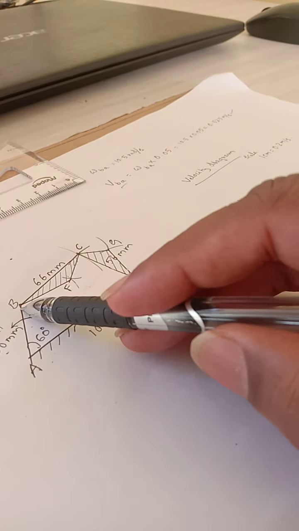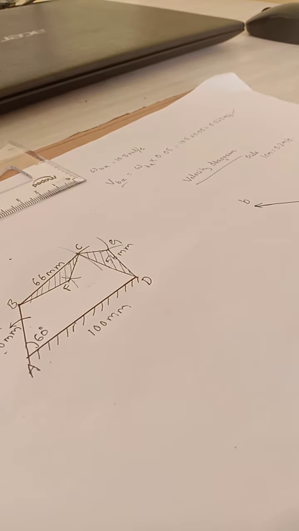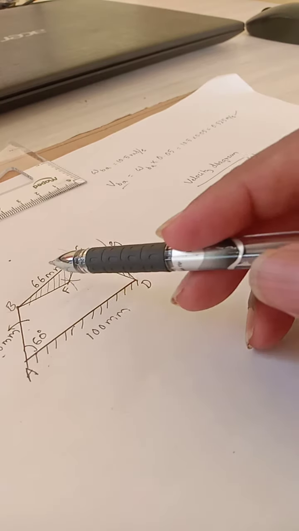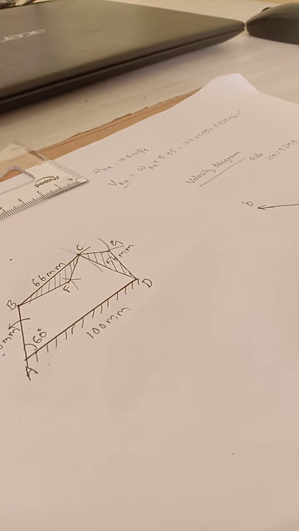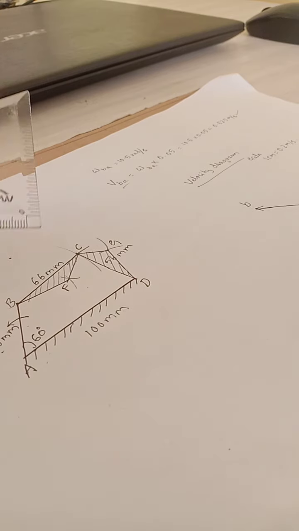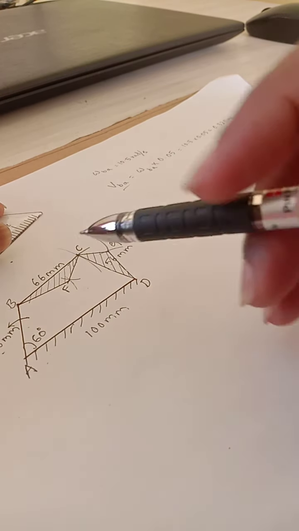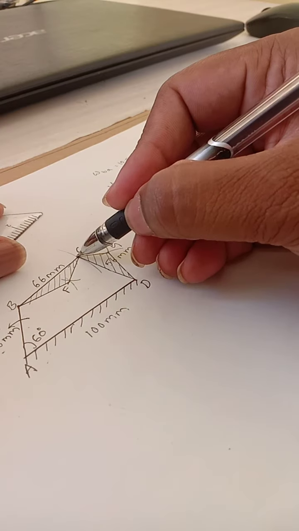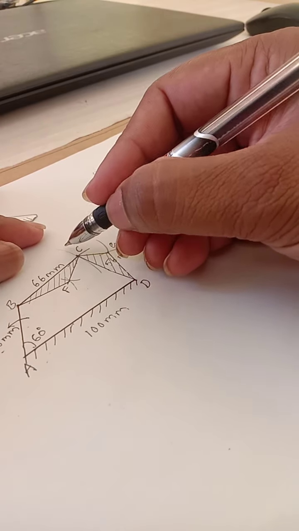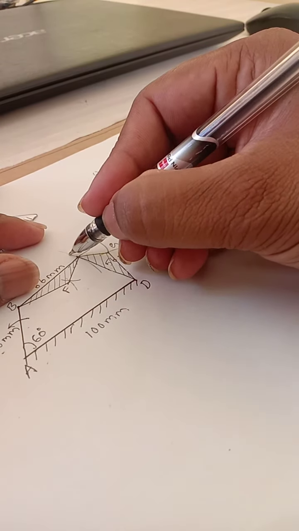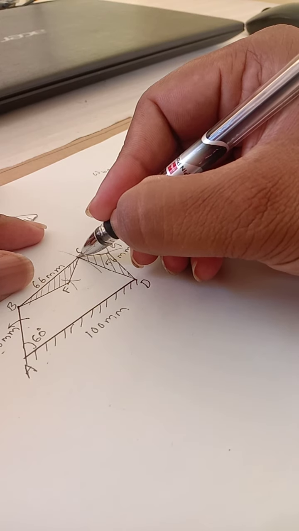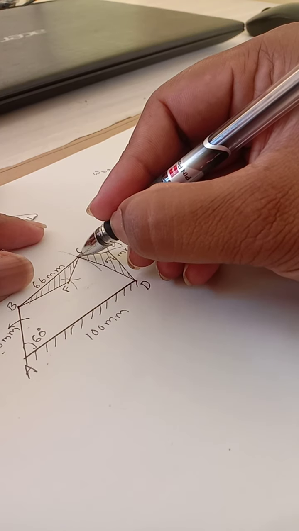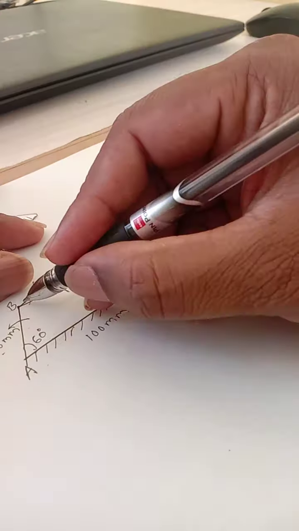So now I am interested in link BC. I know that the velocity of C with respect to B, VCB, will be acting perpendicular to link BC.